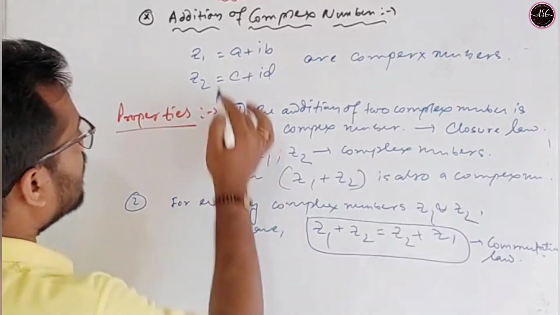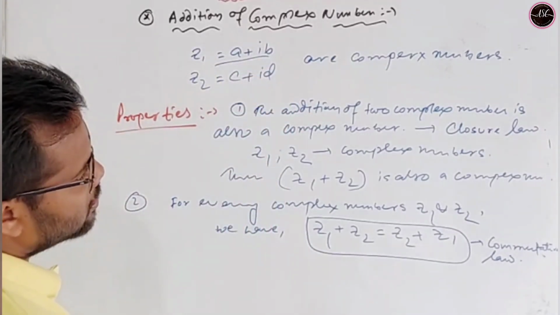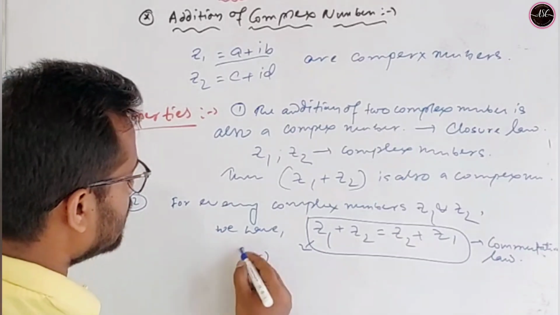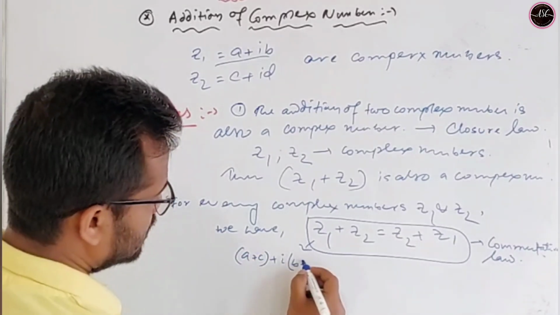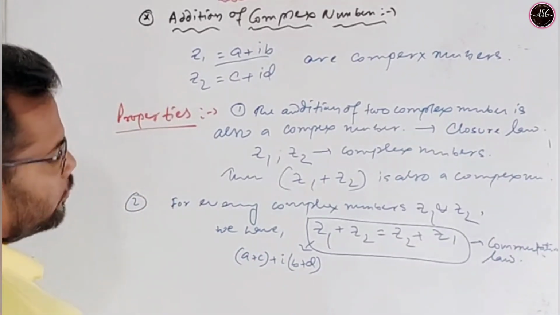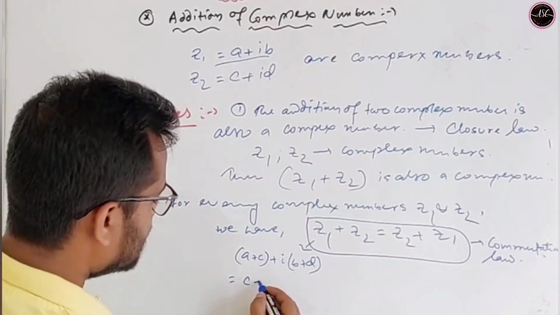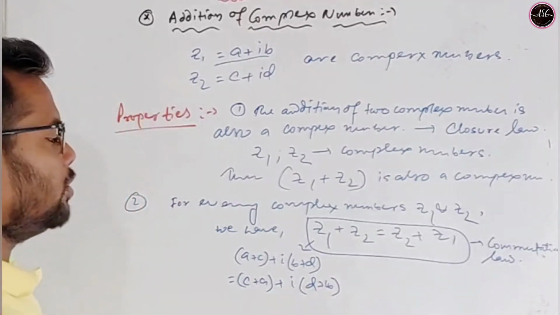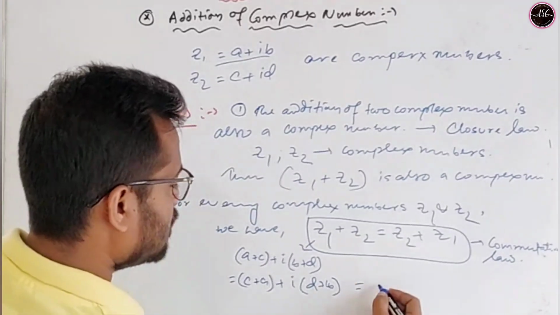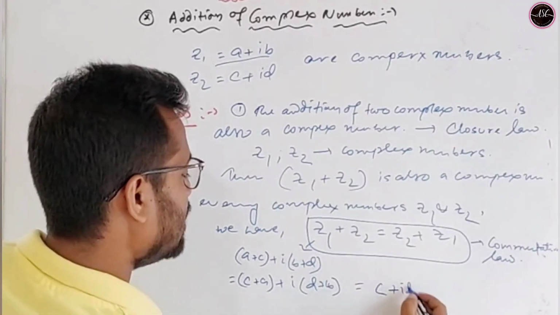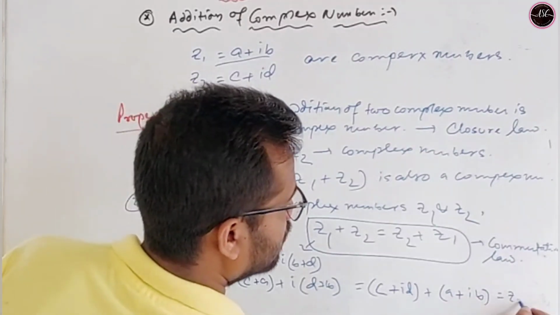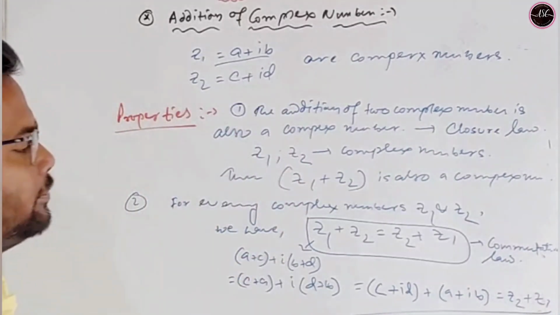Just see. Here z1 is equal to a plus ib and z2 is equal to c plus id. So z1 plus z2 is equal to a plus c plus i of b plus d. This can be written as c plus a plus i of d plus b. This can be written as c plus id plus a plus ib, so z2 plus z1.